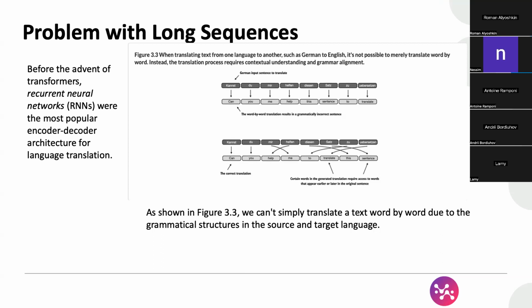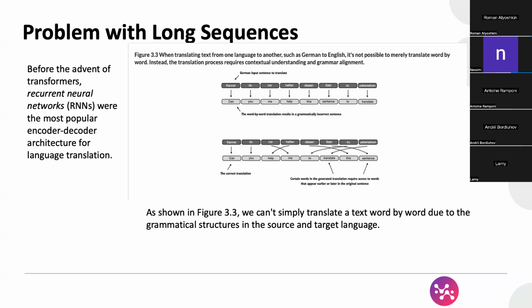They were used already for translation and text generation. A recurrent neural network is trying to learn a sequence of words, as you can see here, right? For example, it's trying to translate German or English into English or German, depending which side you want to look at it.